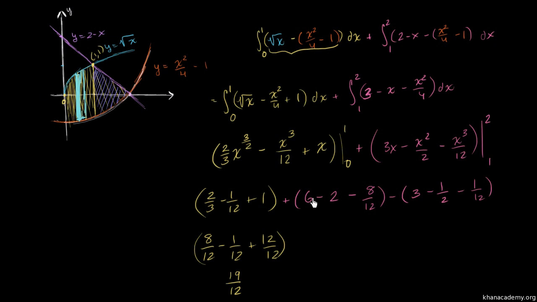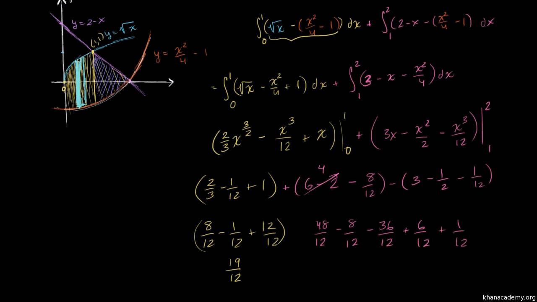And then this business, let me do it in this color. 6 minus 2 is just going to be 4, so we can write this as 48 over 12 minus 8 over 12. Then we're going to subtract a 3, which is 36 over 12. Then we're going to add 1/2, which is plus 6 over 12, and then add a 1/12.